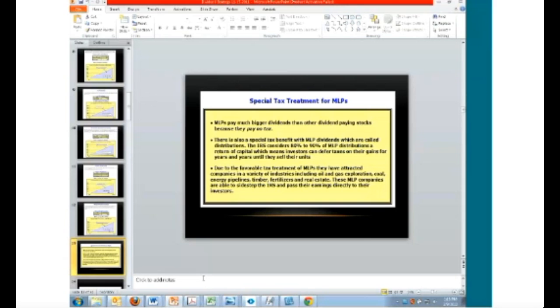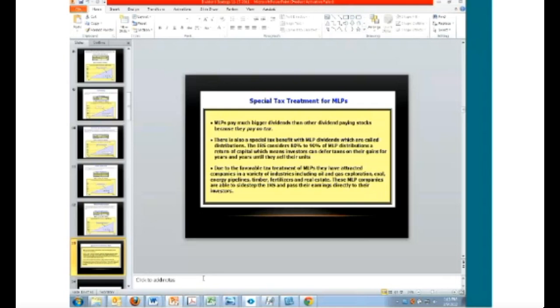So there's an added benefit with MLPs, and the MLP industry was created, I believe it was 1987. There was a special law passed by Congress for special treatment by the IRS of MLPs. And due to this special tax treatment, it's attracted a lot of companies in a variety of industries, such as oil and gas exploration, coal mining, energy pipelines, timber, fertilizers, and real estate.